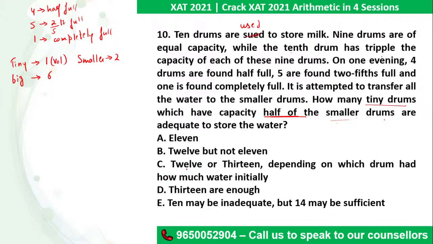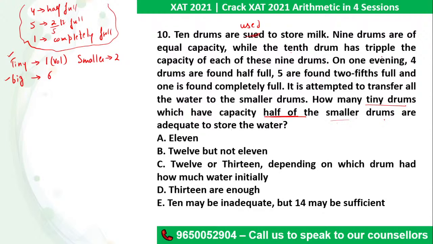So I need to find how many such drums are required to store this water under the given condition. To maximize the amount of water, I will say that the drum which is completely filled is the bigger one.